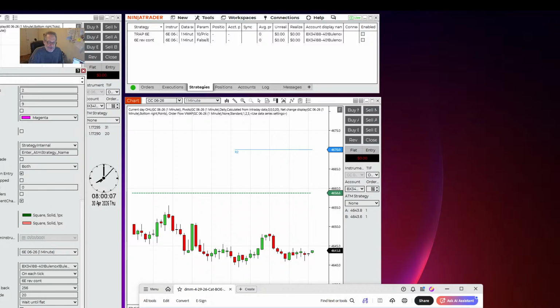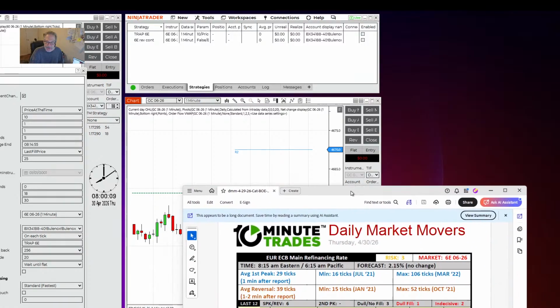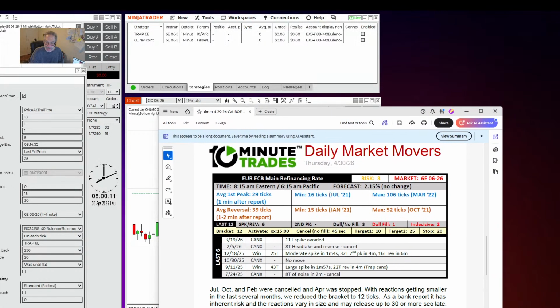And then we have a trap trade, which is the daily trade report. It's our setup, our trap trade. You choose trap trade. Position 1 is a 1. Position 2 is a 1. 8:14:55 is our trigger time because this is an 8:15 event.